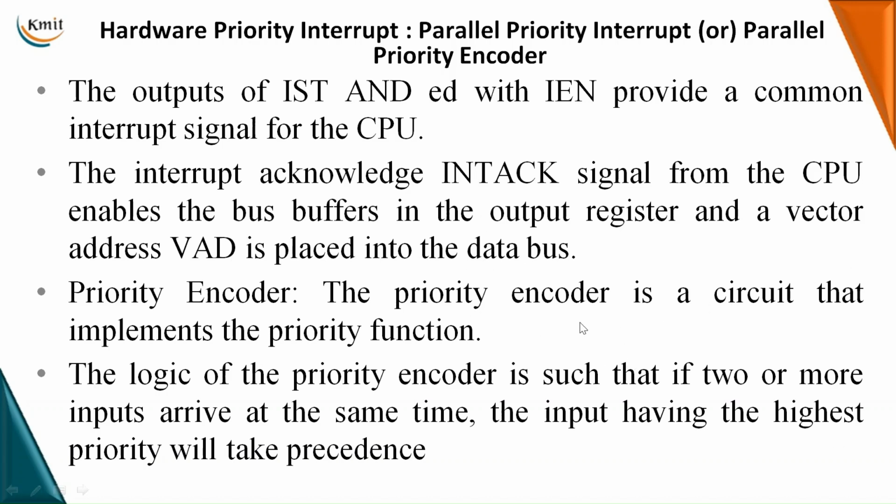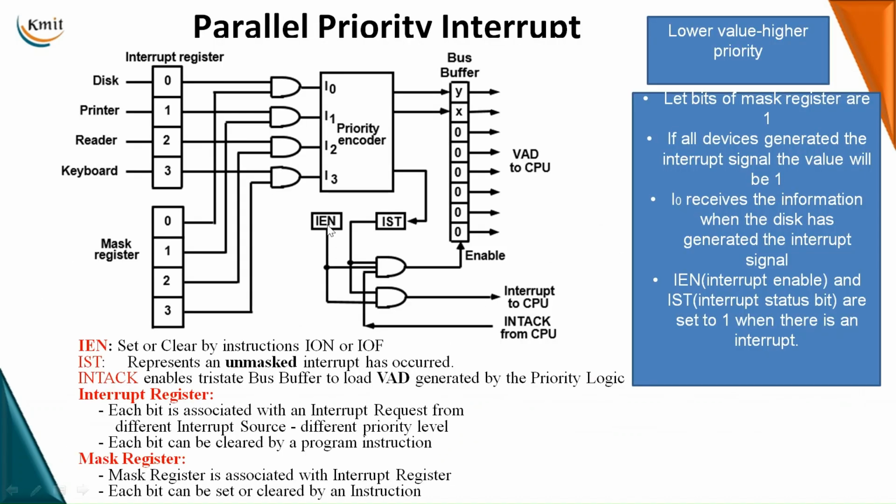Okay, so the priority encoder is a circuit that implements a priority function, and the logic is that if more than one device generates an interrupt signal at the same point of time, the priority encoder decides which has the highest priority among all four, and based on that, that particular device's VAD address will be placed onto the bus.